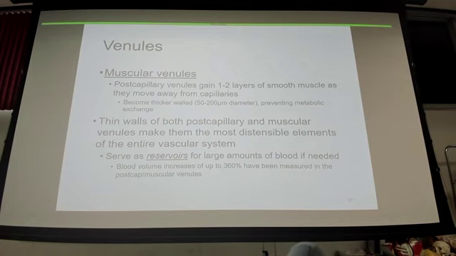But like I said, we're talking about capacity on this side, all right? Most of our blood volume at any given time is going to be in our veins, on the venous side of the house. So they accept capacity. They can be reservoirs of blood as necessary, right?